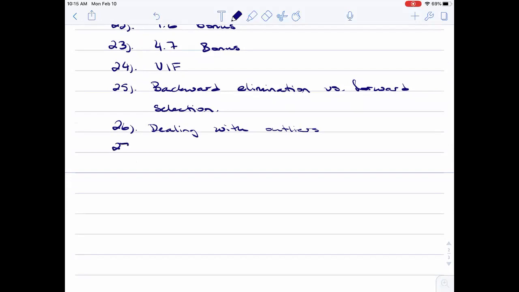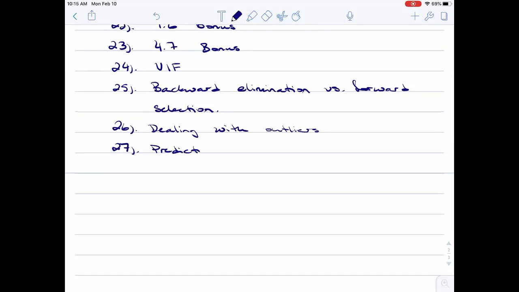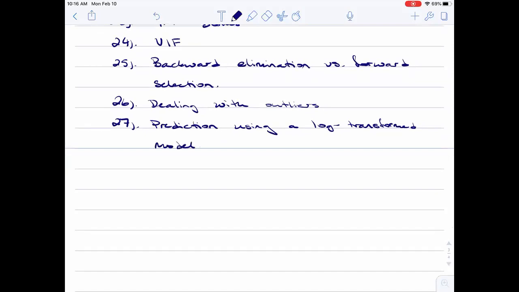And then finally, we're going to make a prediction using a log transformed model. So then you have to undo the log, and it's always going to be the natural log.